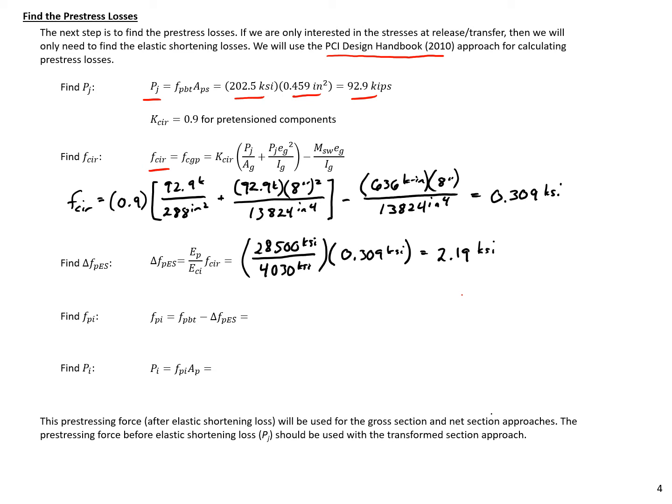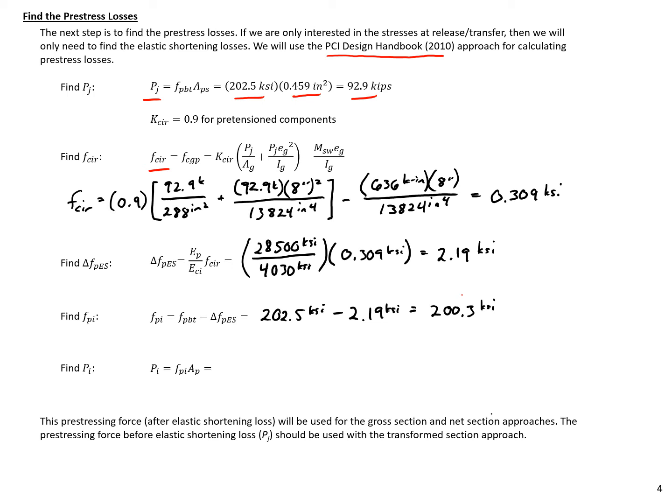Our stress after release then is just our stress before release minus our elastic shortening loss, which will give us a stress after release, f sub pi, of 200.3 KSI.